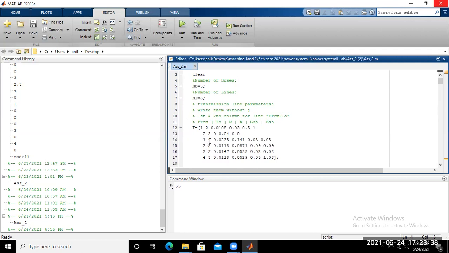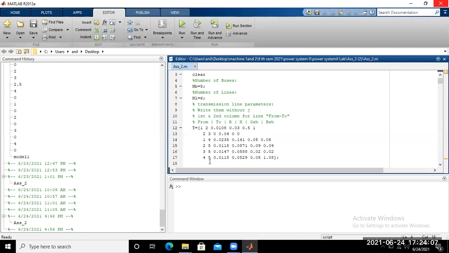And bus number 4 is connected to bus number 1 and bus number 5. So all the buses are not connected to each other. Okay. So put the parameters of the transmission line here, which are connected from one bus to another bus.